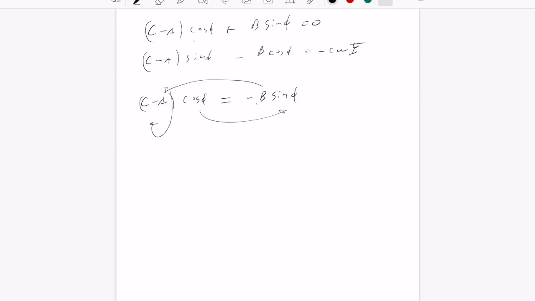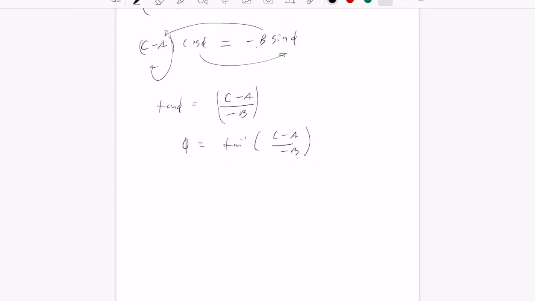And you end up with tangent phi is equal to c minus a over negative b, and phi is equal to the inverse tangent of c minus a over negative b. Okay? And if you do all the substitutions, remember, that ends up being equal to negative 1 minus r squared over 2 zeta r, okay?